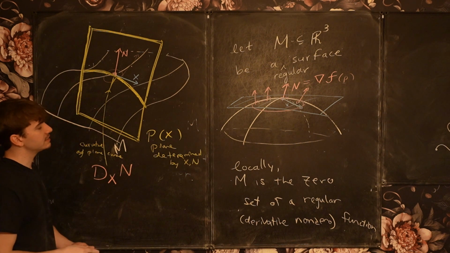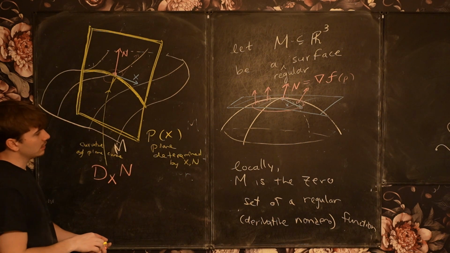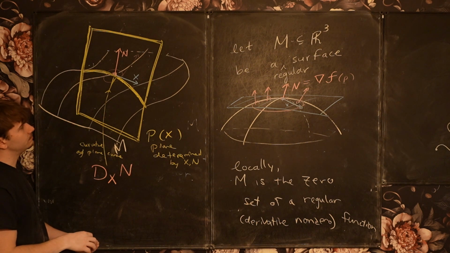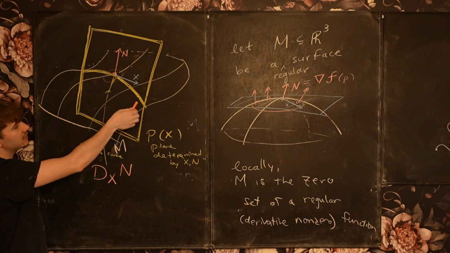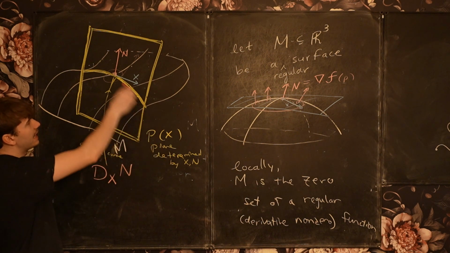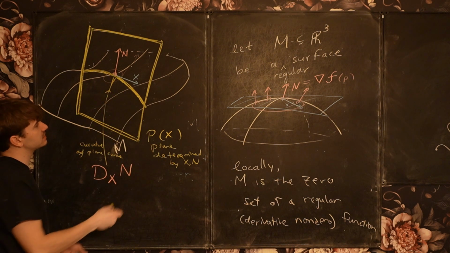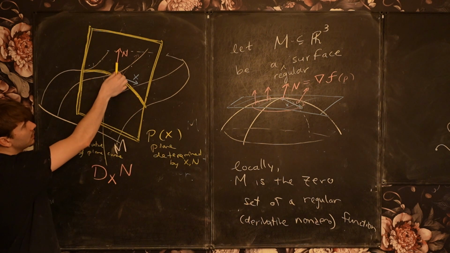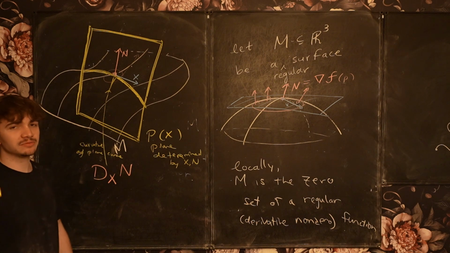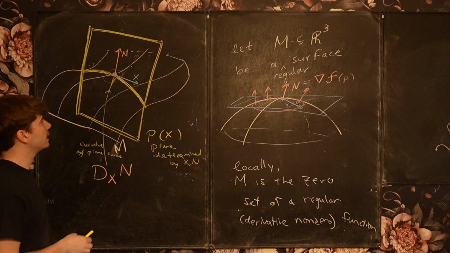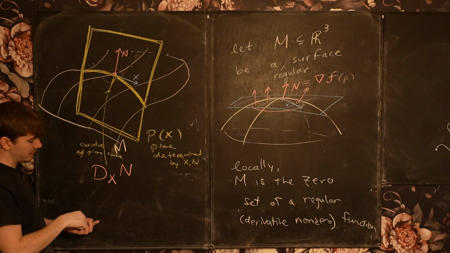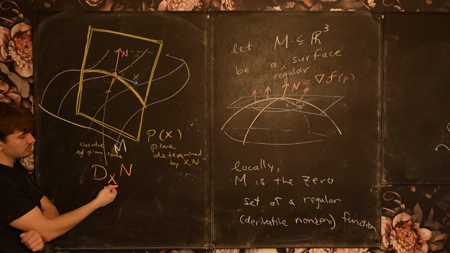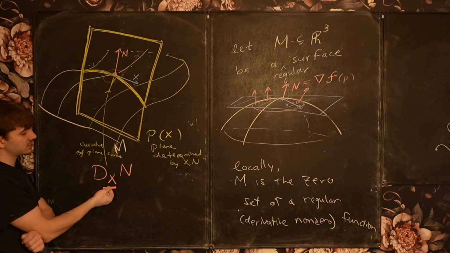Then the curvature of this plane curve is going to be related to how much the normal vector is bending along the curve. And how much the normal vector bends along the curve is the directional derivative of the normal vector field in the direction of x.